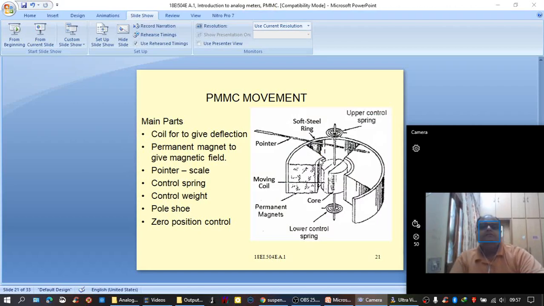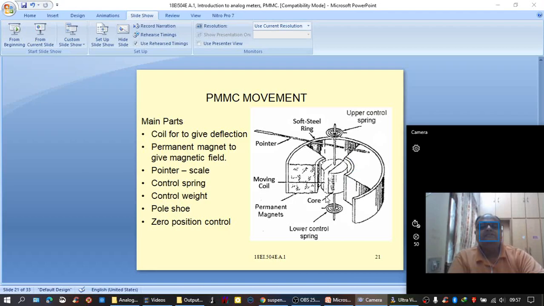Another view of the same PMMC movement construction, to have a clear idea when compared with the previous two diagrams. Here is the magnet and here is the soft iron cylinder over which a movable coil is placed.